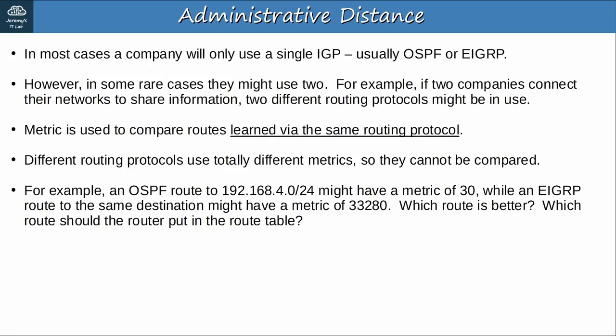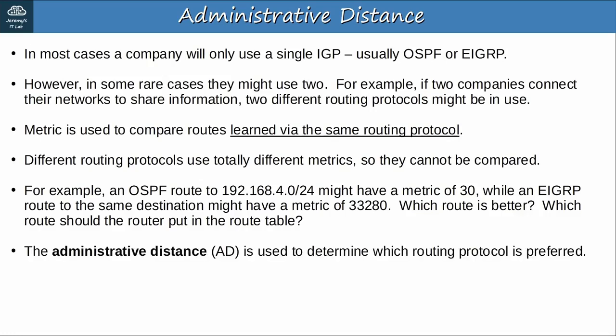For example, an OSPF route to 192.168.4.0/24 might have a metric of 30, while an EIGRP route to the same destination might have a metric of 33,280. Which route is better? Which route should the router put in the route table? We can't really answer those questions by looking at the metrics, because OSPF and EIGRP use totally different metrics.